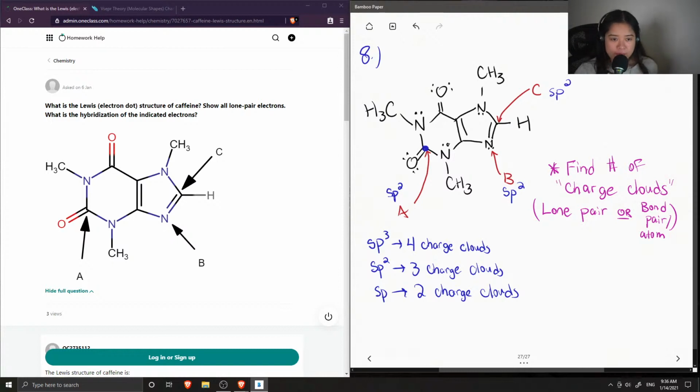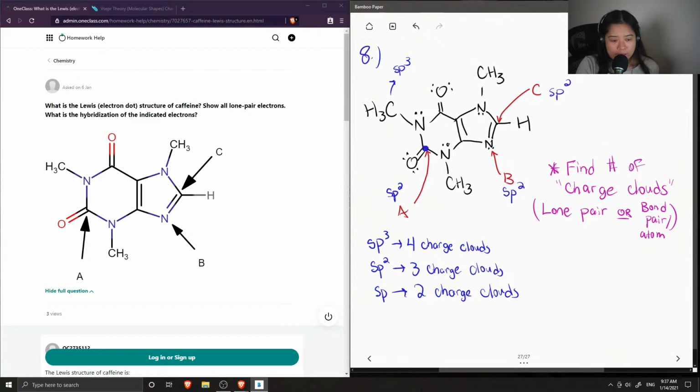So an example of sp3 would be like this carbon right here. It's bonded to 3 hydrogens and a nitrogen, so that's 4 bonded atoms, or 4 charge clouds, so this would be sp3.